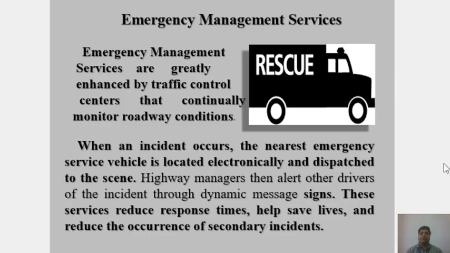These types of systems continually monitor the roadway conditions. Whenever an incident occurs, the nearest emergency service vehicle is located electronically. Suppose a collision has happened on the road. The nearby emergency vehicle should be located electronically and should move out to the scene.